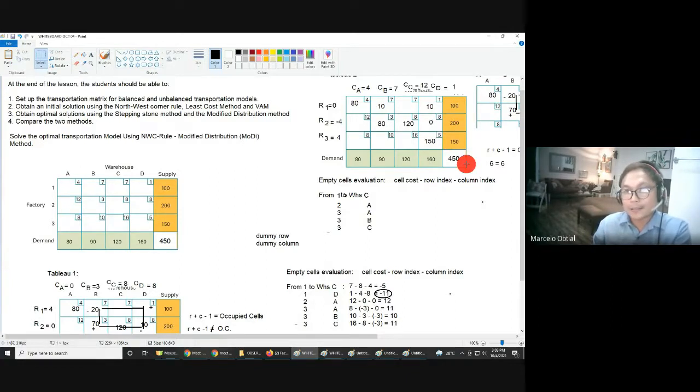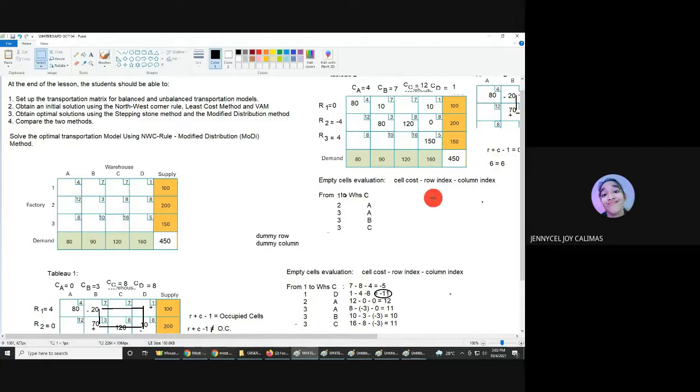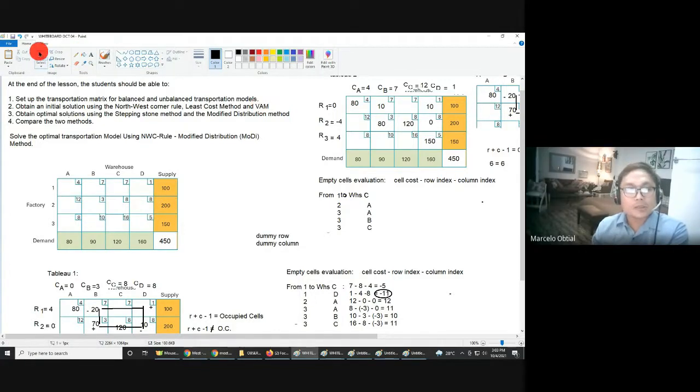In that case, back to empty cell evaluation, cell cost minus row index. But anyway, if you want that included, you can. Let's check: 8 minus -4 minus 1, is it positive? Yes, sir. So it's optional. It's up to you if you want to include it or not. But for me, since I already know it's positive, I do not include it. It's optional, class.